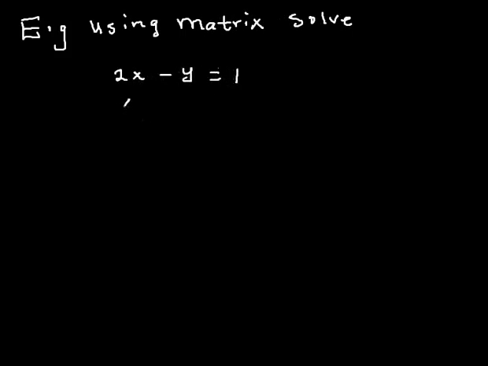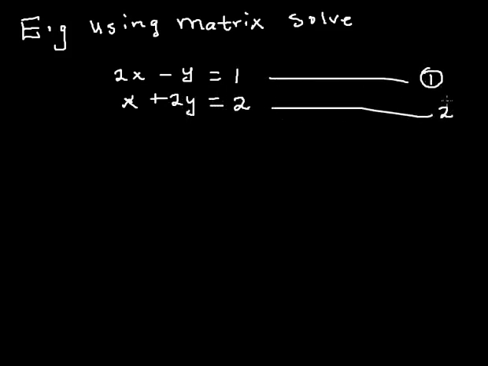Using matrix, solve 2x minus y equals 1, then x plus 2y equals 2. Equation 1, equation 2. So how do we do this?